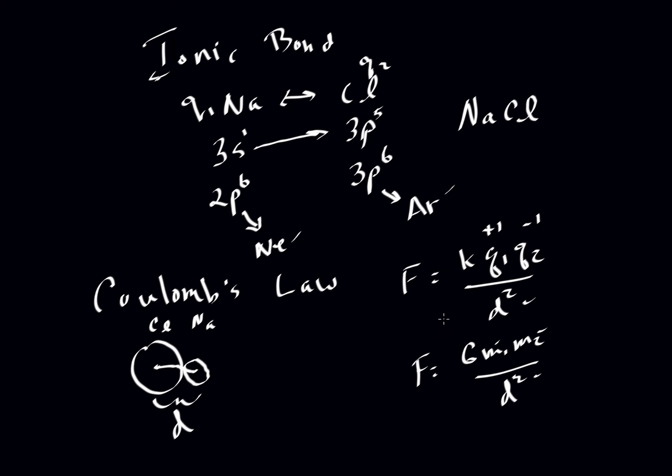So how about this value k? It has a value of 8.99 times 10 to the 9th, and the units for that are newtons times meters squared divided by C squared. C are units of charge, coulombs.